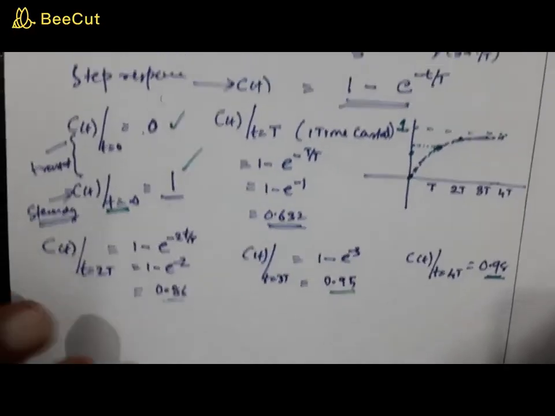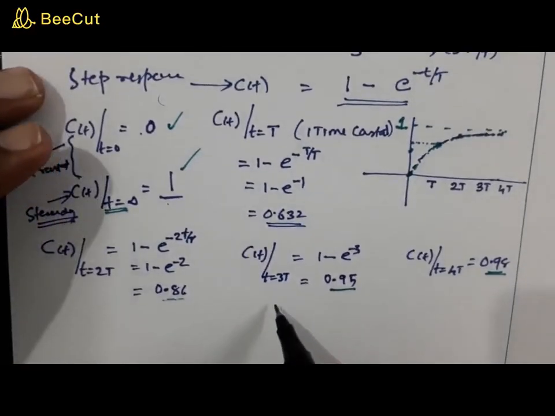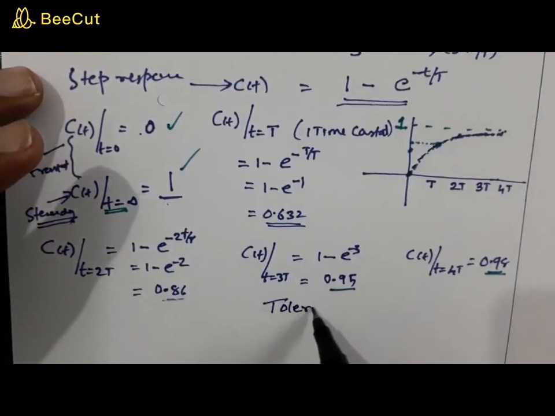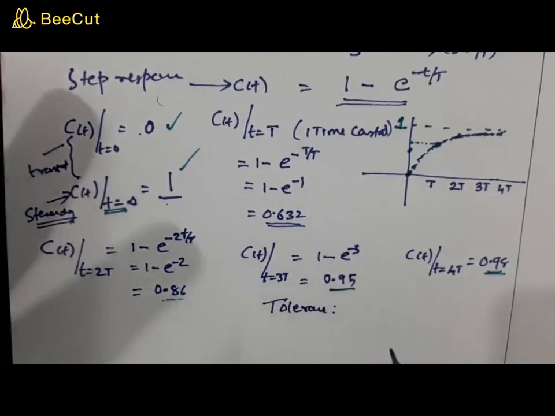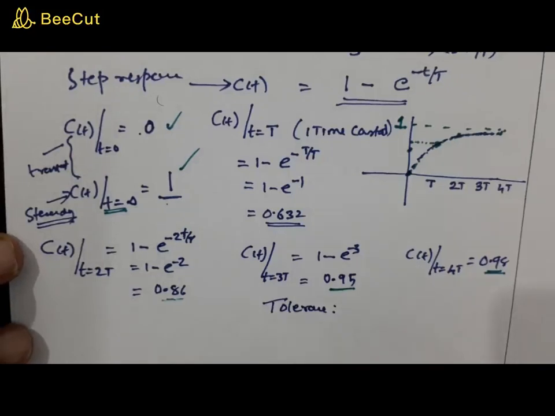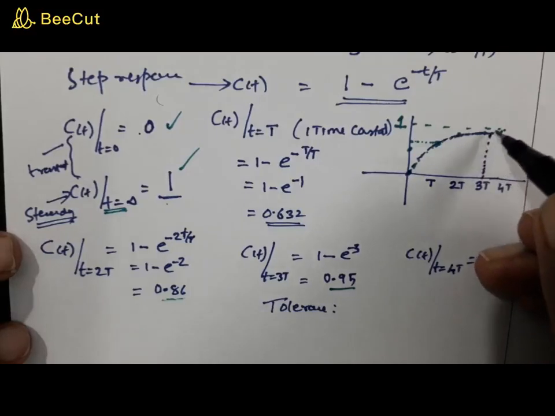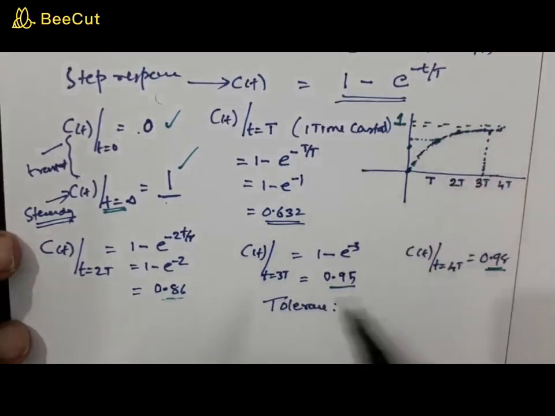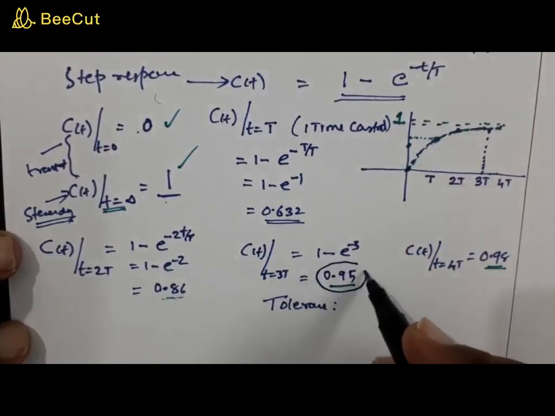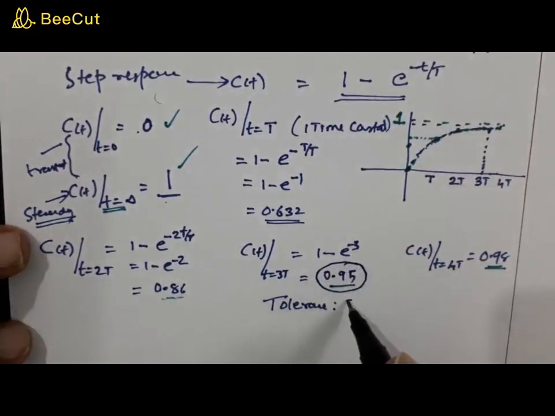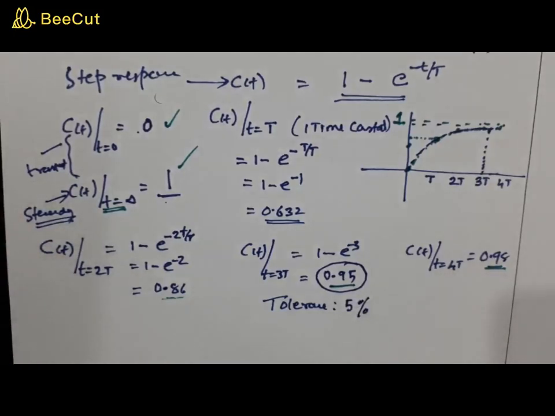Now here comes another term called tolerance. What do you mean by tolerance? The allowable error. If you can bear a 5% tolerance, then at 3τ the answer is going to be 0.95, and there is no problem for you if you have a tolerance of 5%, right? 5% tolerance means it is the allowable error.